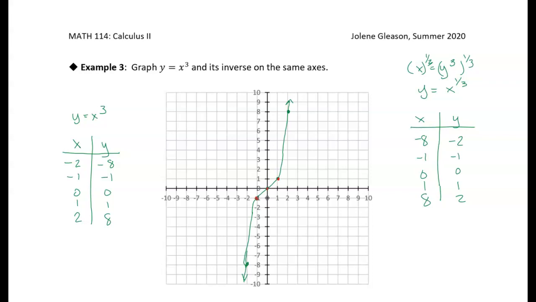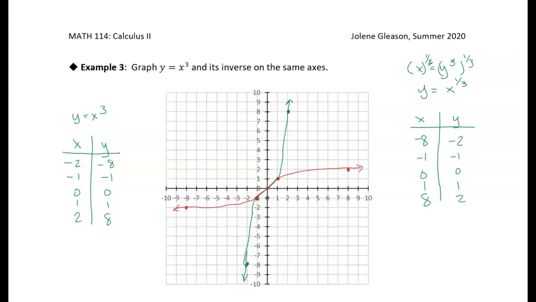But when I put in 8 to this inverse function, I get 2, and when I put in -8, I get -2. Now let's connect up those points. Here's a graph of the inverse function. Good enough.